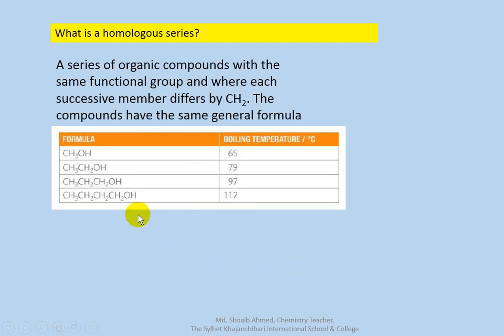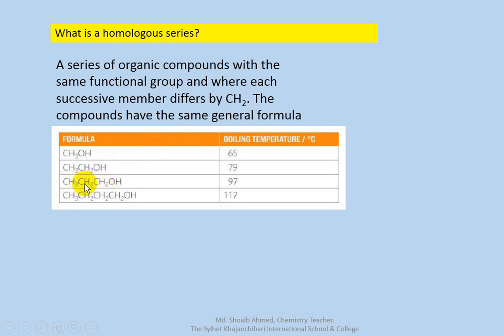So a homologous series is a series of organic compounds with the same functional group. This is the same functional group, the functional group is alcohol, OH. The functional group is the same, whereas each successive member differs by a methylene group. Look, this is CH2, the methylene group difference. Like here there are 3 methylene groups, and this has 4 methylene groups. The difference is a methylene group.